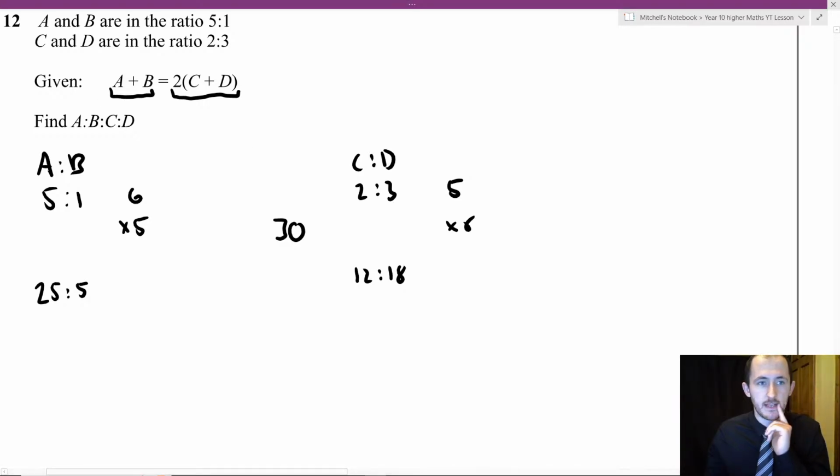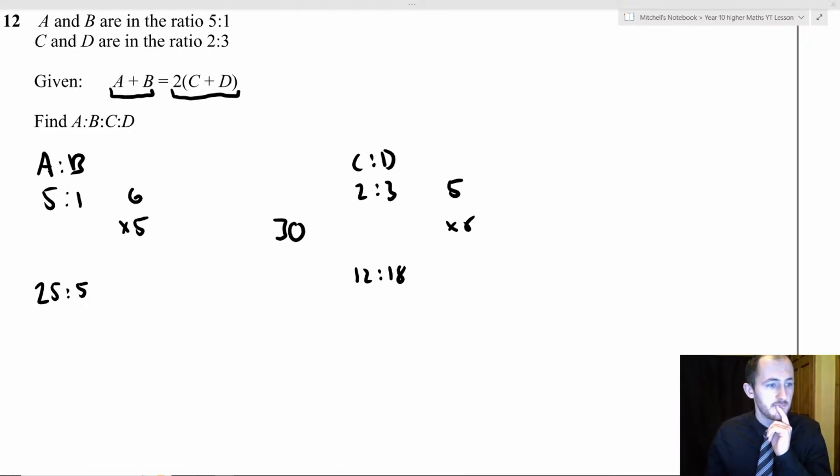So we can get 2 times. So we know that C plus D is 2 times smaller than A plus B. So now I'm going to divide it by 2.